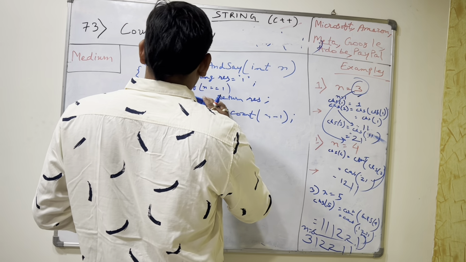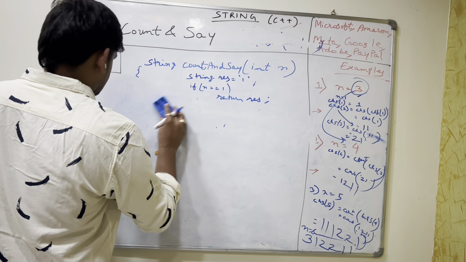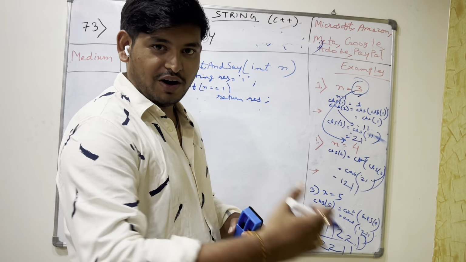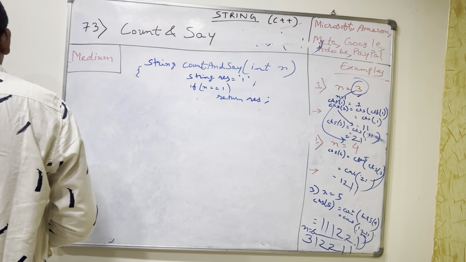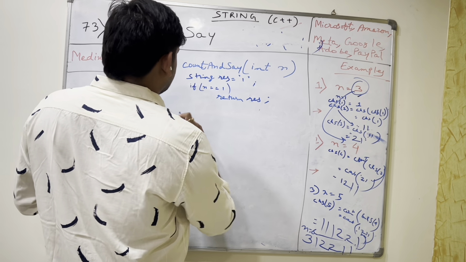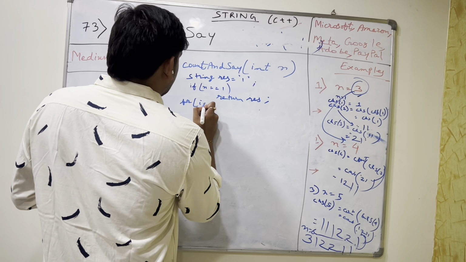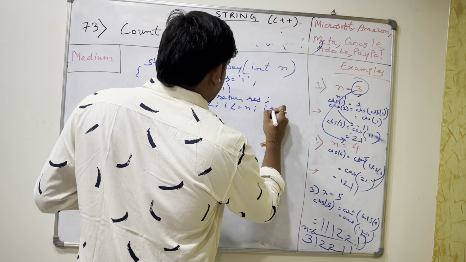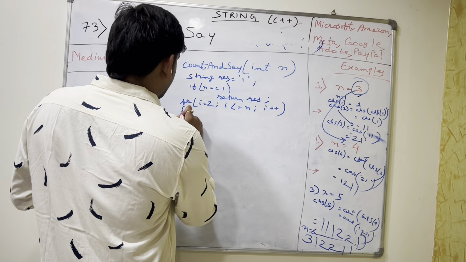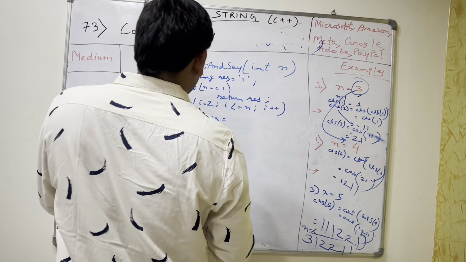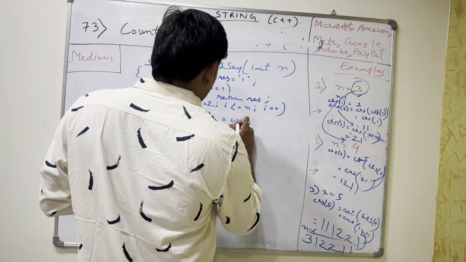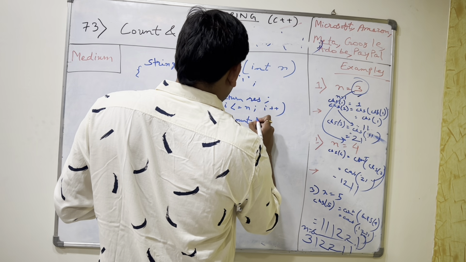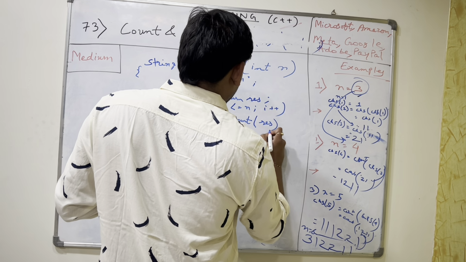What we'll do, if n is equal to 1, it's fine. Otherwise, we need to pass the string. We don't need to pass the number. Okay, we need to go one by one. From 1 we go to 2, 2 we go to 3, 3 we go to 4. So what we'll do, if n is equal to 1, return this. Otherwise, for i equal to 2, i less than or equal to n, i plus plus, here res will be equal to count of res, right?